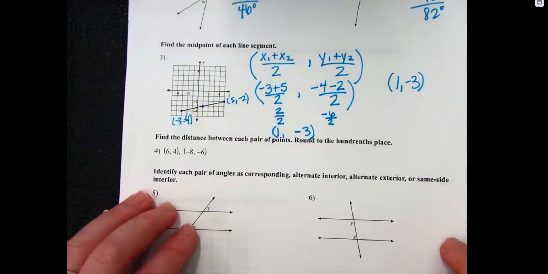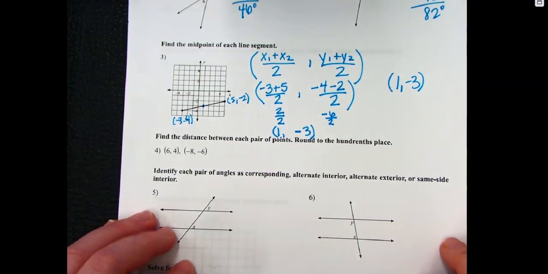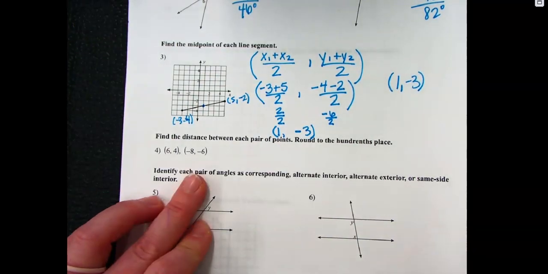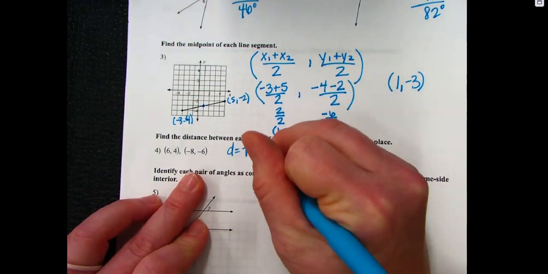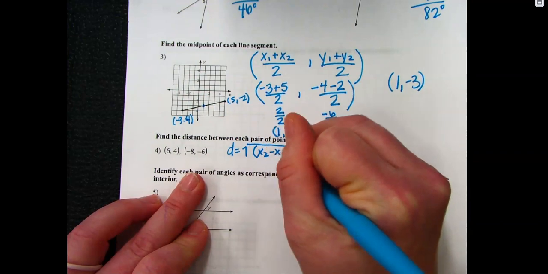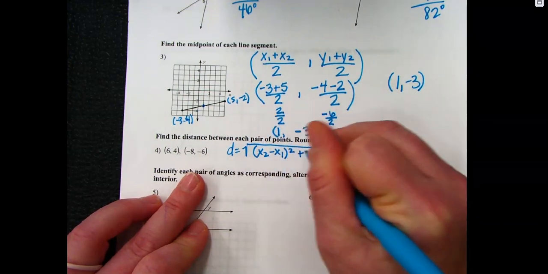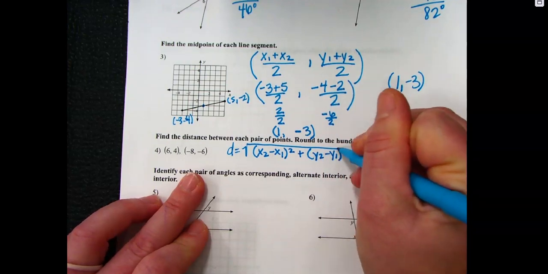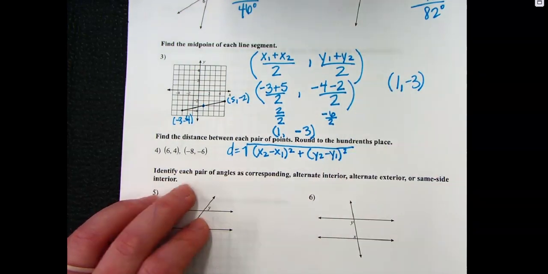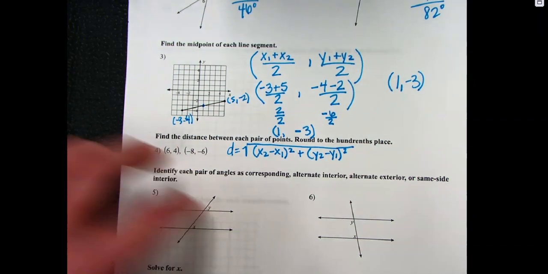Okay, distance formula. You are going to have this formula memorized. The distance formula is the square root of (x2 minus x1) squared plus (y2 minus y1) squared. And again, this is a good one to know. You're probably going to need this on your ACT, so it's just a good one to have.